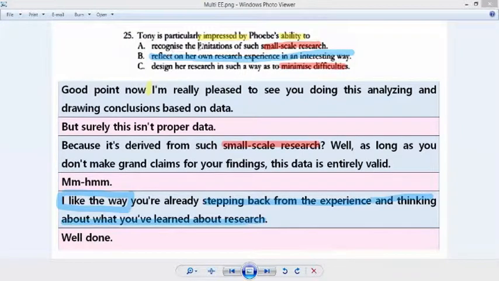You've got time to find the keywords in the stem, like impressed and ability, but there's not enough time to find all of these keywords and actually open your mind up to it. So this is the reason why keyword matching is really limited for multiple choice. And you can see that really clearly in this question set.